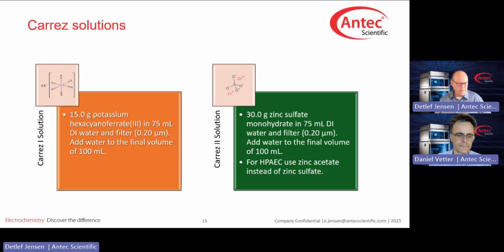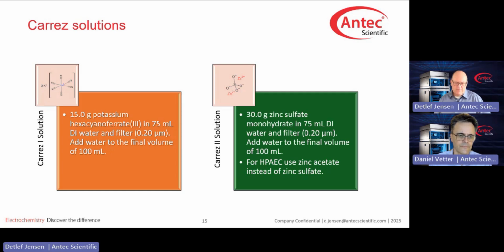The acetate, you remember, is one of the elements we use in carbohydrate separation, and therefore has a lower interaction with the stationary phase, which means that the impact on the retention time will be lower. So that is the reason why the suggestion is to substitute zinc sulfate with zinc acetate.